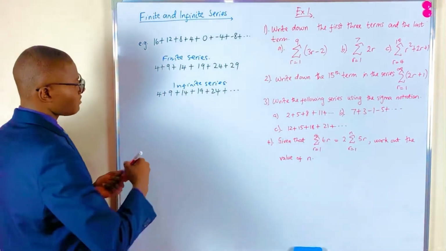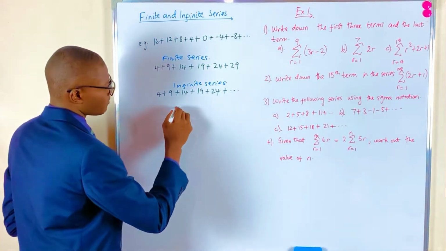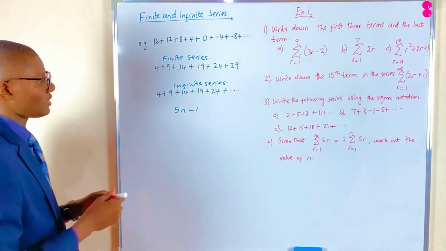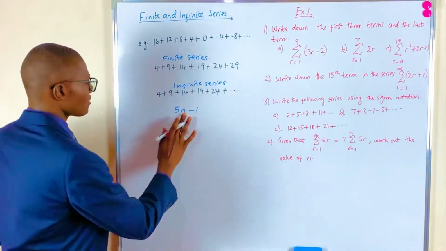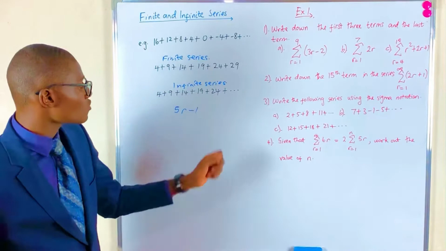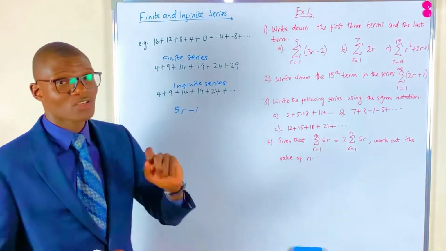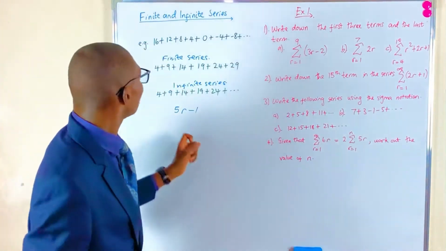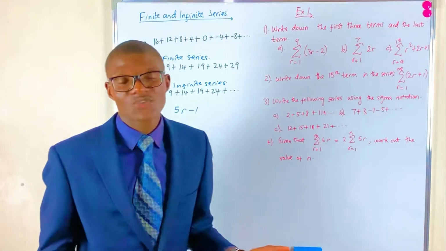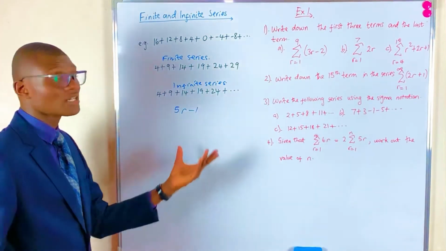The common difference is 5, so 5n minus 1. Sorry, in this case we actually write 5r minus 1. As you can see, we're saying 5r minus 1, and we use the term r the same way we use the term n. So this is the general term.